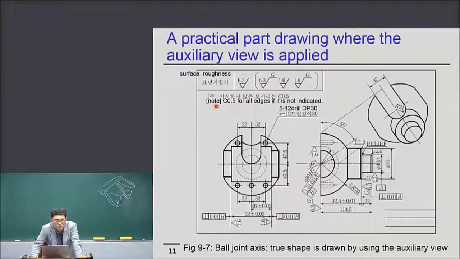And also the note is very important. Note: C0.5 for all edges if not indicated.